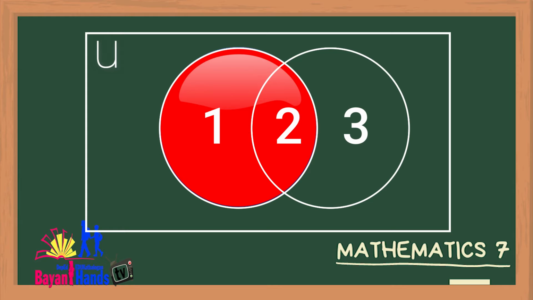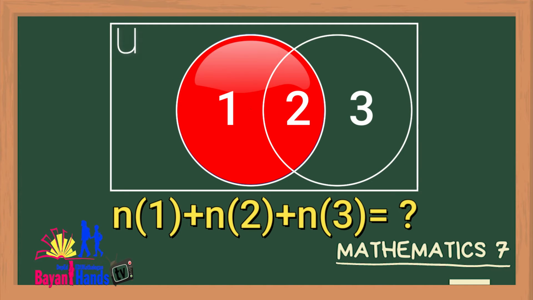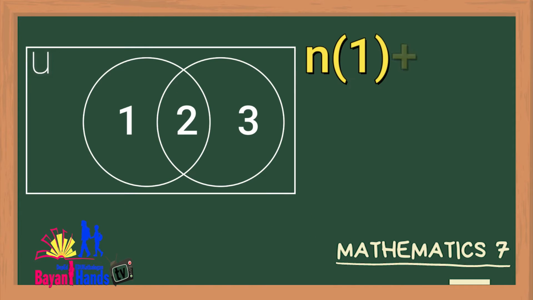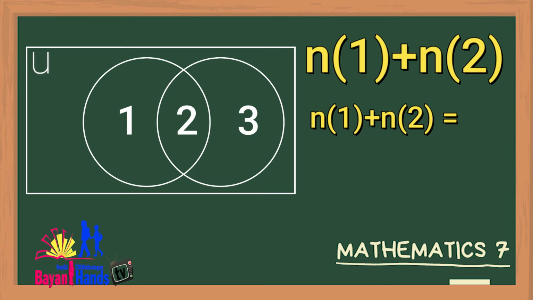Now, let's perform the operation using our knowledge in arithmetic. What is sections 1 plus 2 plus 3 equal to, as illustrated in the diagram? Yes, 36. But we know section 1 plus 2, correct? Oh, yes! What is section 1 plus 2 equal to?